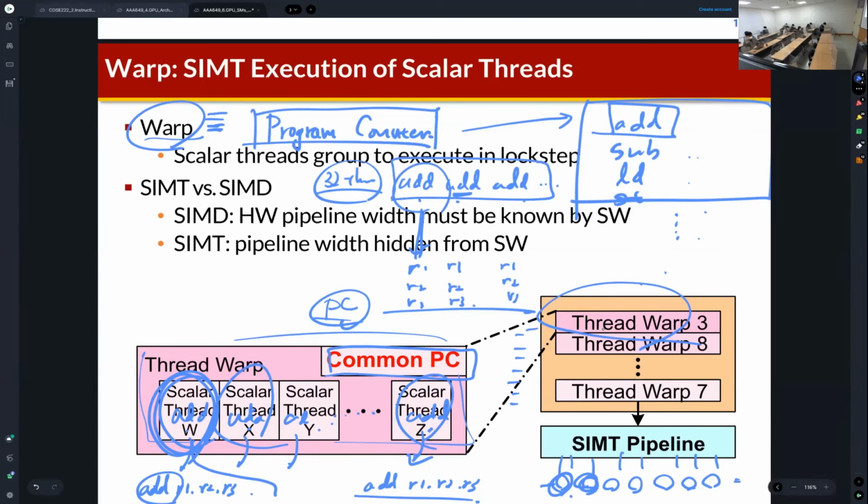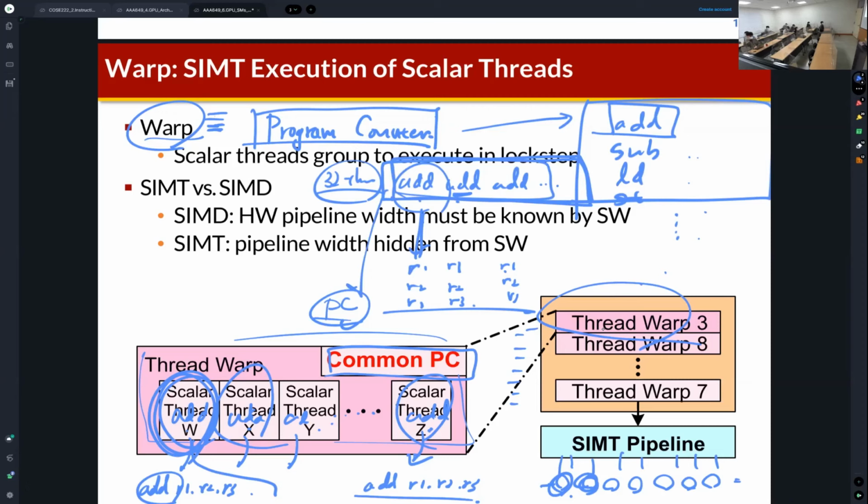The instructions use different registers, but they can be executed concurrently, in parallel.